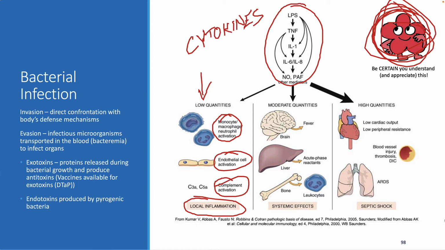When there are moderate quantities of these cytokines, we get a little bit bigger response. We get fever, for instance. We get acute phase reactants from liver processing. We get more leukocytes coming from the bone marrow, and these systemic effects are useful, right?